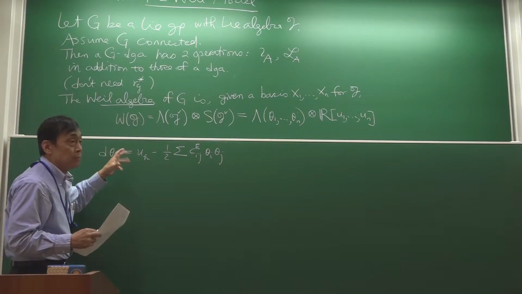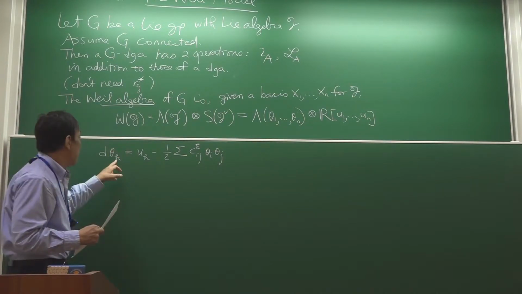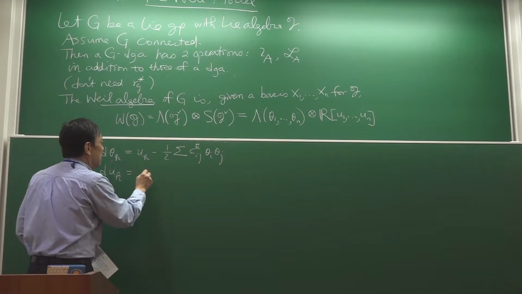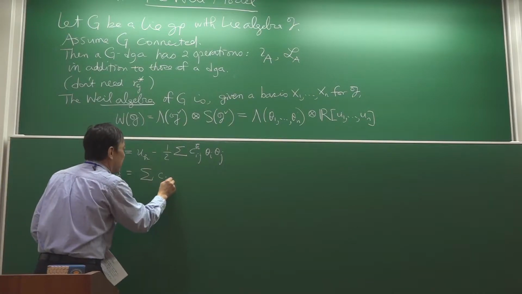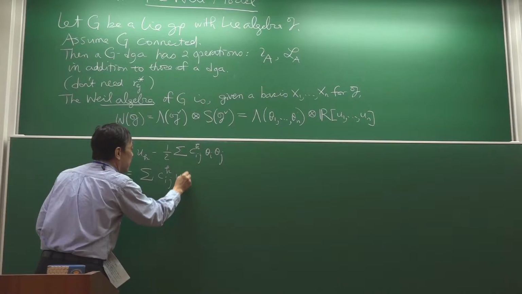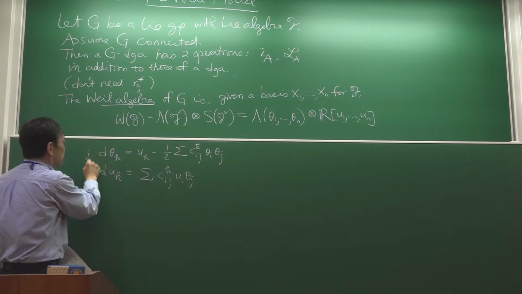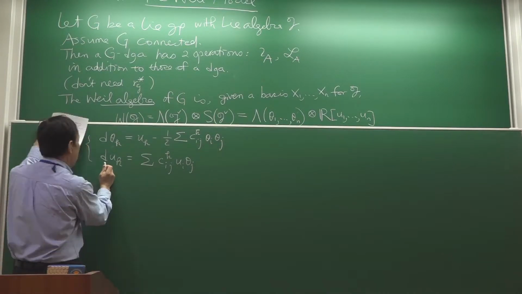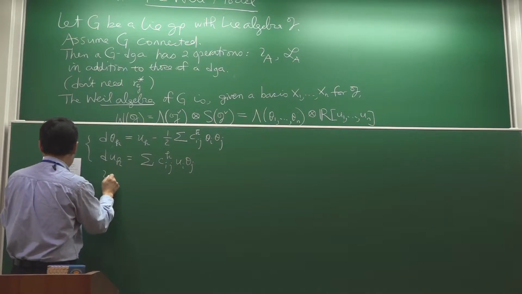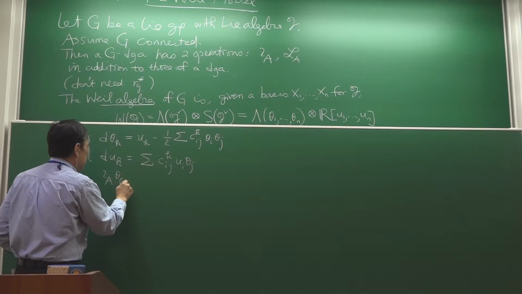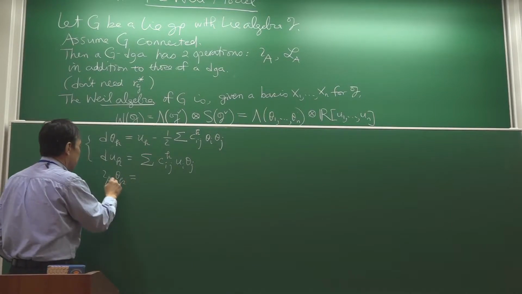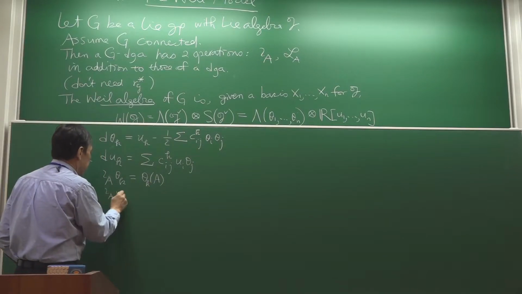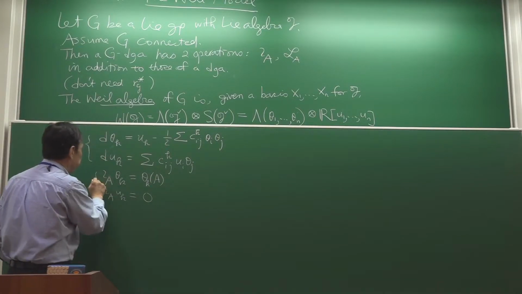So this really comes from the formula for the curvature of a connection. And then du_k is the sum of c_ijk u_i theta_j. Okay? So this was what we defined last time. And i_A of theta_k, you apply theta_k to A, and i_A of u_k is 0.